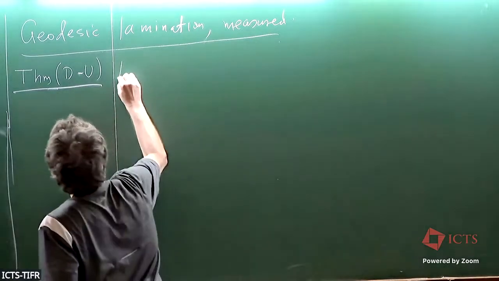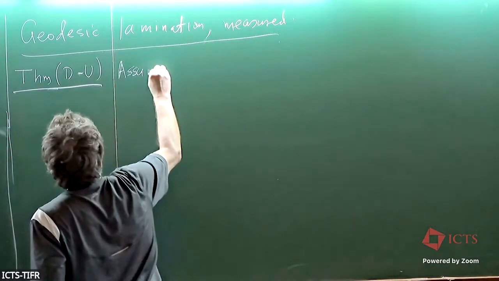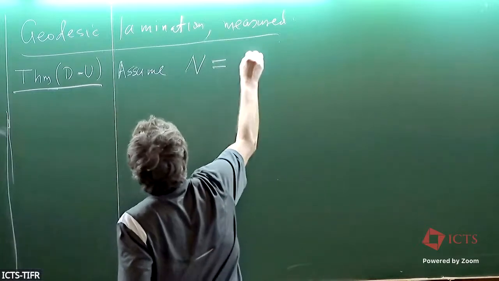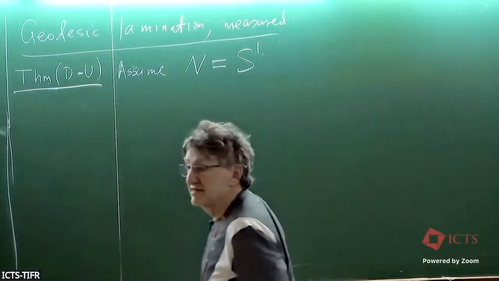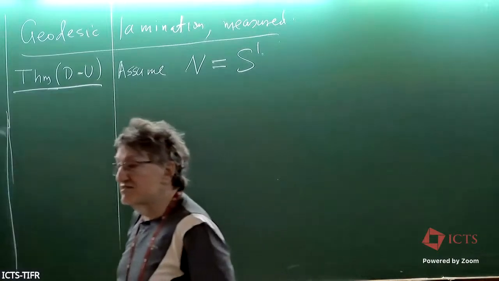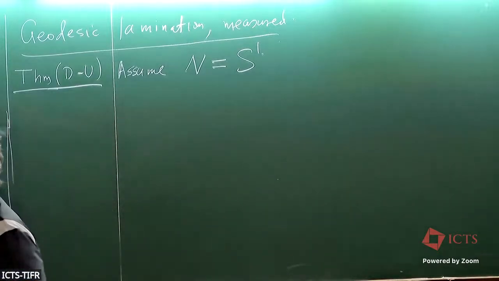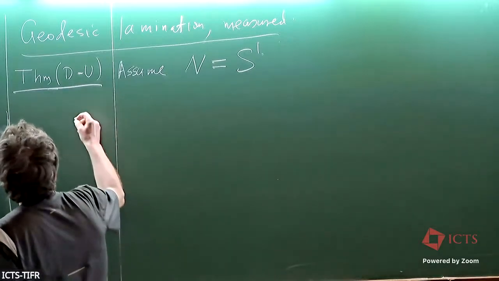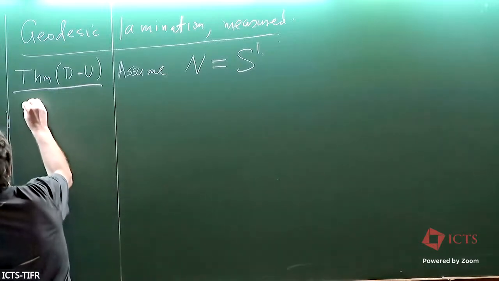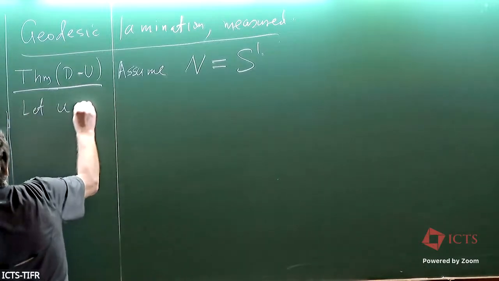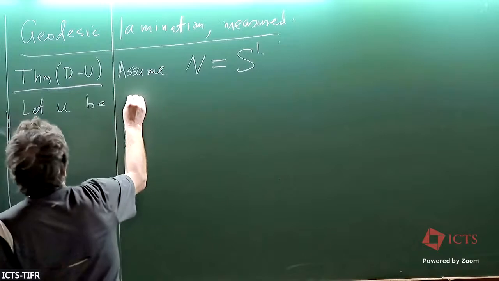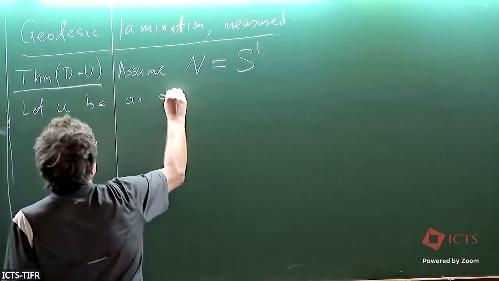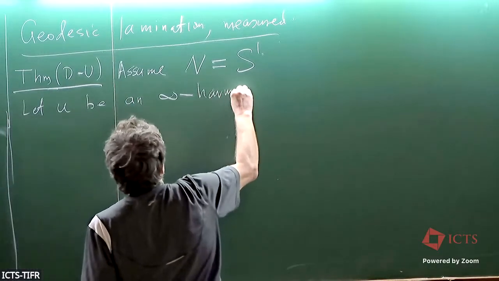Let's assume N is the circle. So this is true for any Riemannian manifold, there's nothing but surfaces at this point. So if N is the circle, then let U be an infinity harmonic map.